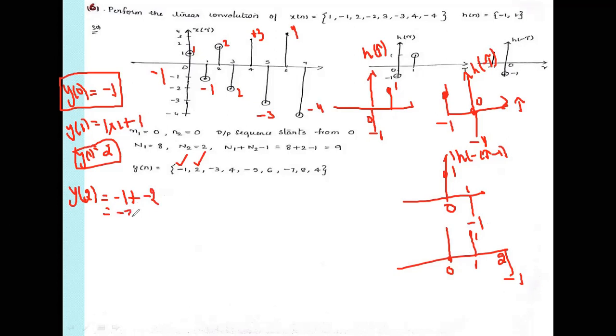So you get y of 2 equal to minus 3. Still again, you can move it towards the right side.